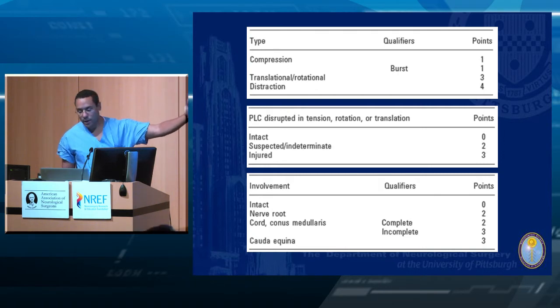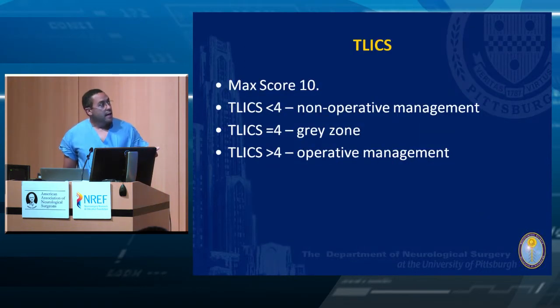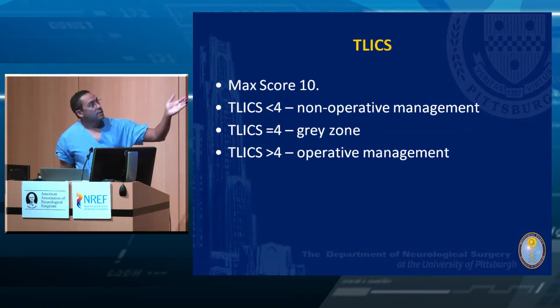You get points as it relates to the integrity or lack thereof of the posterior ligamentous complex, and then, which is also very wise, an incomplete injury gets a higher score than a complete injury, which is basically inducing you to do something about the person who has an incomplete injury in the setting of neuroelement compression. And then if your TLICS score is less than 4, it portends non-operative management. Greater than 4 portends operative management, and 4 is the gray zone.